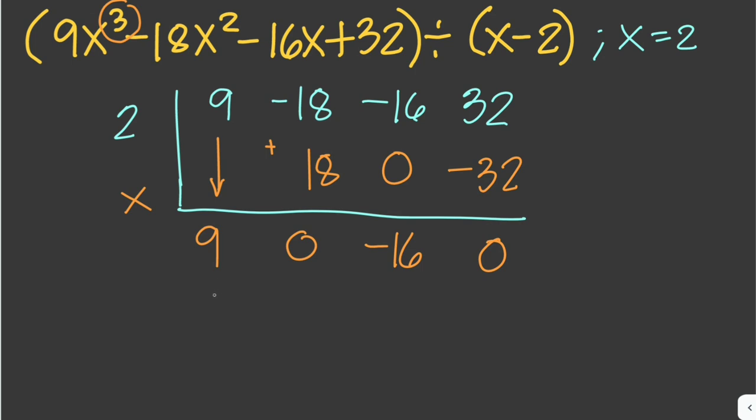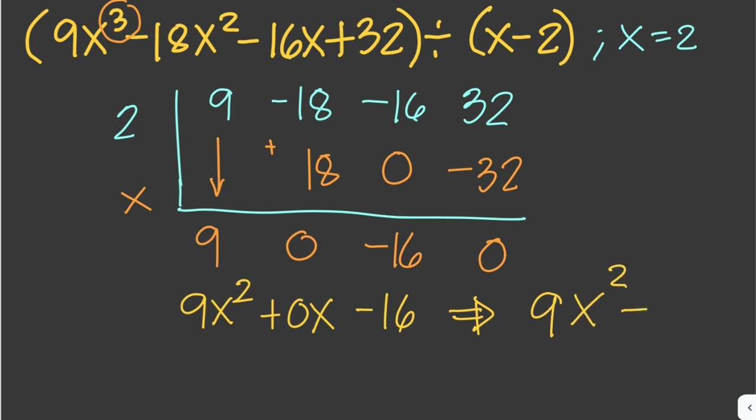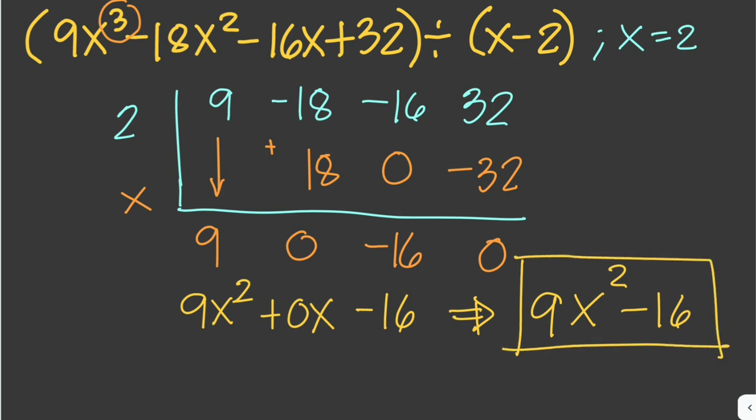Now we can write our quotient as 9x squared plus 0x minus 16, or we can simply write this as 9x squared minus 16. Therefore, 9x cubed minus 18x squared minus 16x plus 32 divided by x minus 2 is equivalent to 9x squared minus 16.